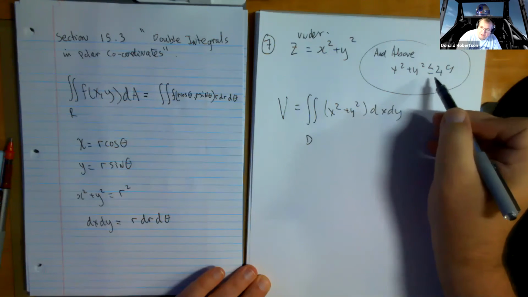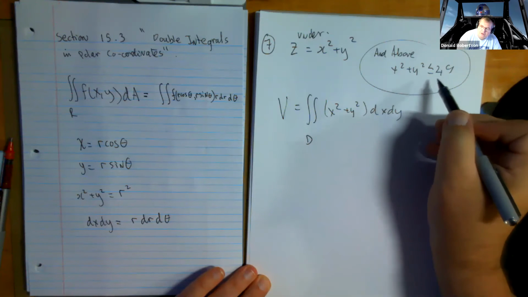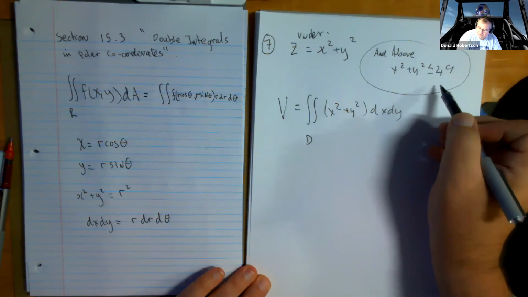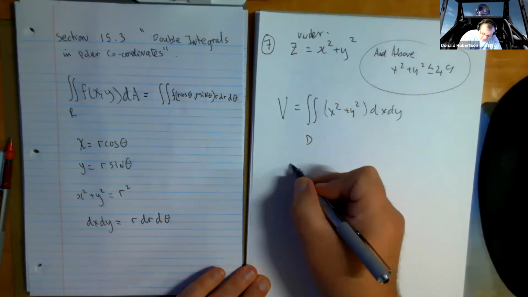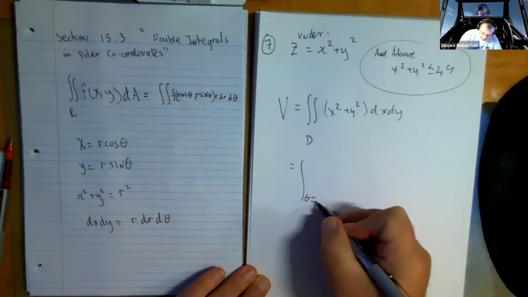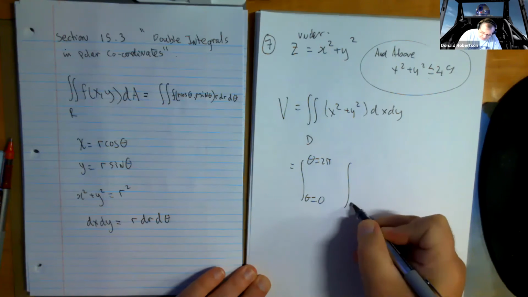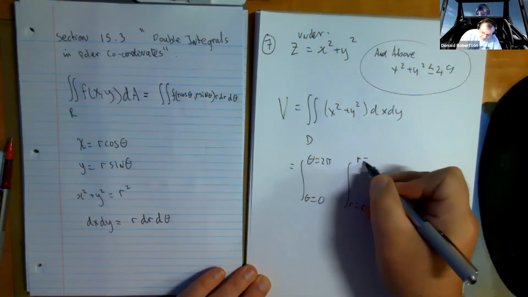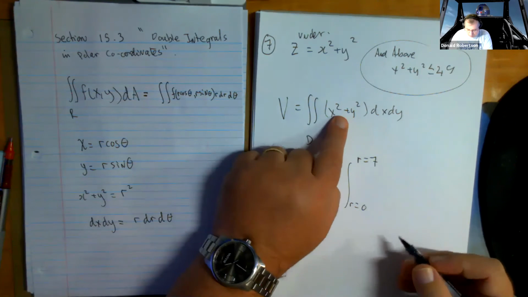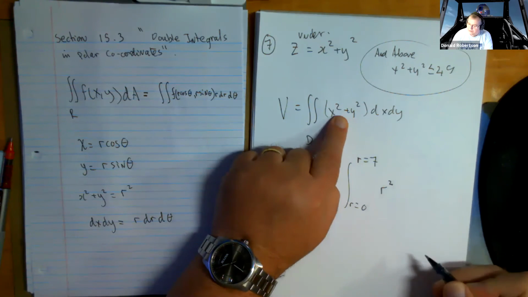Polar form, do you recognize this guy? I don't really need a picture. Isn't this a complete circle, theta 0 to 2 pi, r equals 0 to 7? So I'm going to go theta equals 0 to 2 pi, r equals 0 to 7. Won't this guy become r squared?